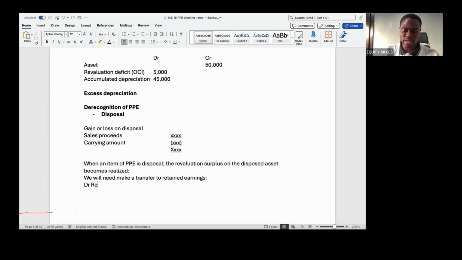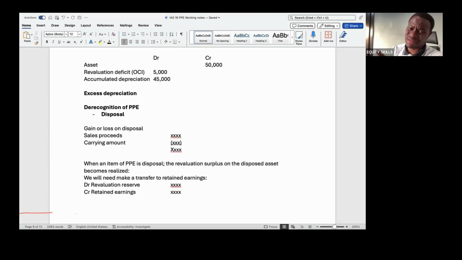We'll debit revaluation reserve because we are moving it away from revaluation reserve, and we'll credit retained earnings because we are taking it to retained earnings. Revaluation reserve is a credit, so we debit it. We are taking it away from revaluation reserve and putting it in retained earnings.